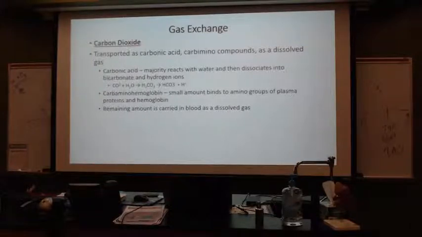Exactly. And the difference is, for bases, they are OH negatives. Now, if you've ever taken chemistry, you know that an equation always has to be balanced.